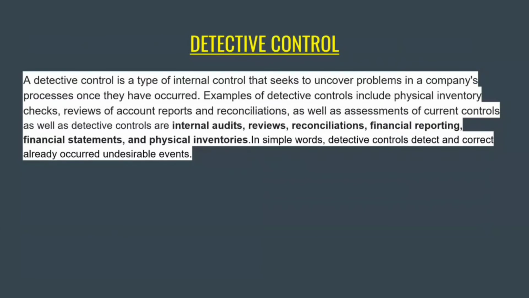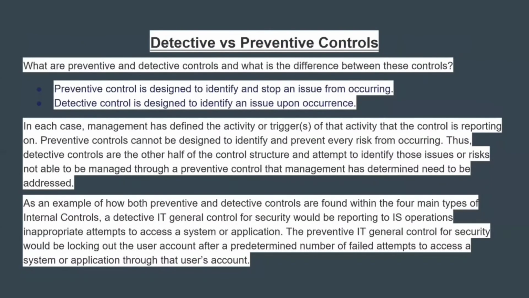In simple words, detective controls detect and correct already occurred undesirable events, which means that detective control should be implemented after the problem occurred in an organization. So that would be more helpful.